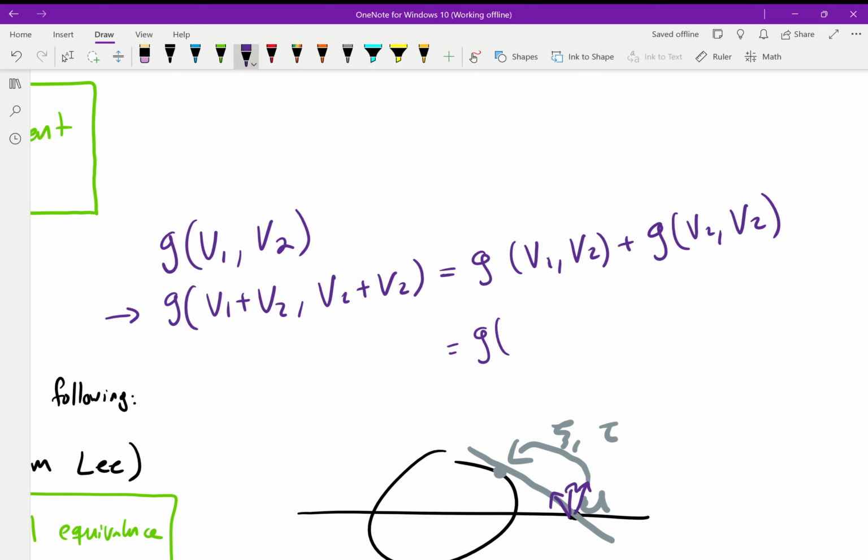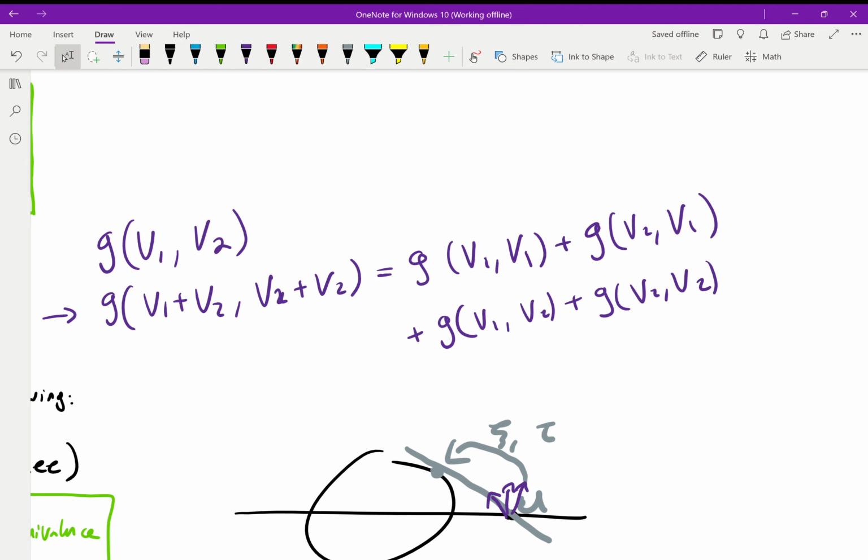Wait, there's more terms. There's still two more terms. You got G of V1, V1. And then there's G of V2, V1, G of V1, V2. It's bilinear. Oh, yeah. It's been a minute since I've worked with them.